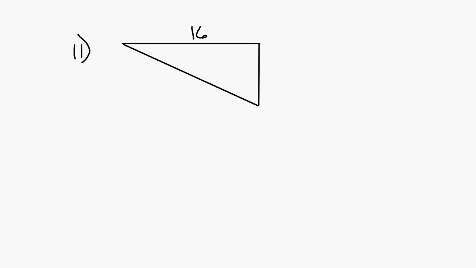Here's angle x, here's angle y, and side z. Going to find angle x first. In relation to angle x, you are given its opposite side and its adjacent side. So the tan of x equals opposite 16 divided by 7.